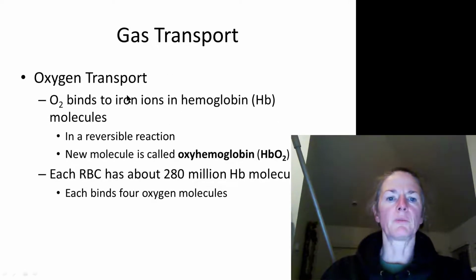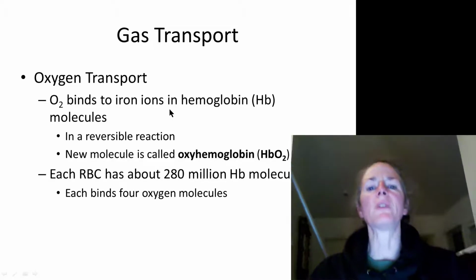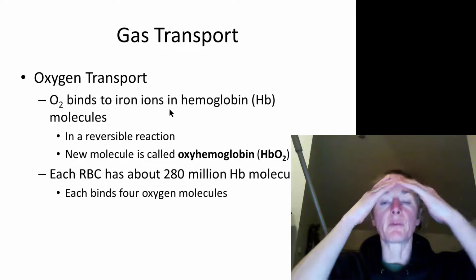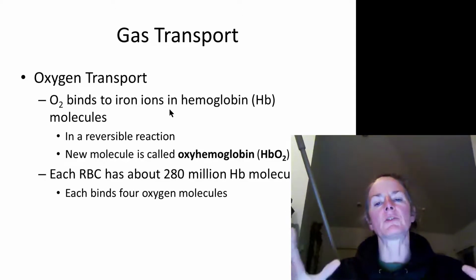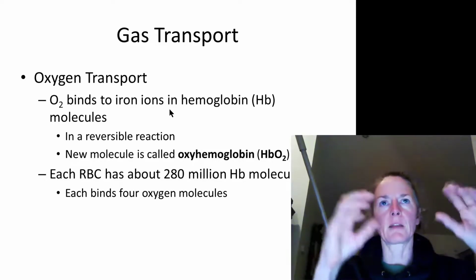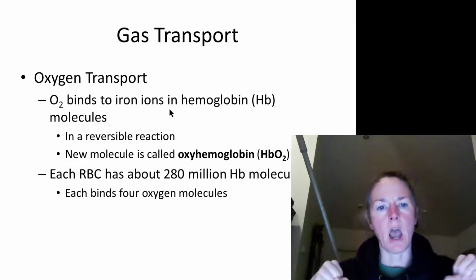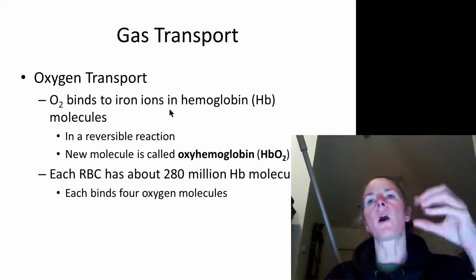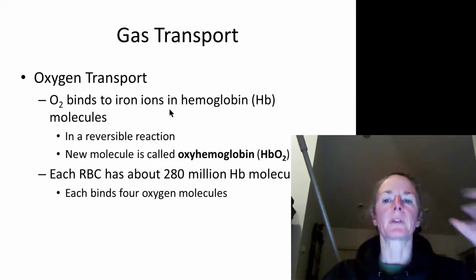So basically, we're going to have oxygen bind to the iron ions that are in the middle of that hemoglobin molecule. And you remember we have 4 subunits. Each subunit has a heme molecule in it, and the heme is an inorganic molecule that's holding an iron ion in place. And of course, iron has a high affinity for oxygen, so oxygen will bind that iron ion.